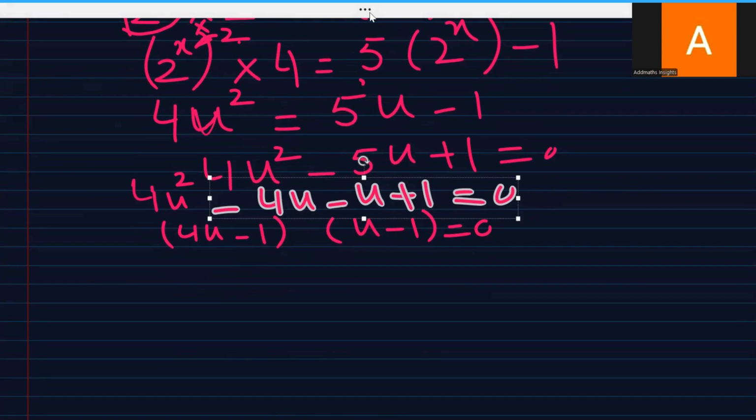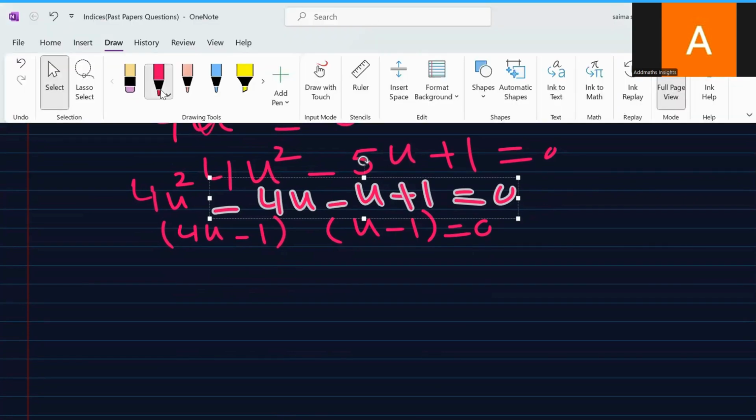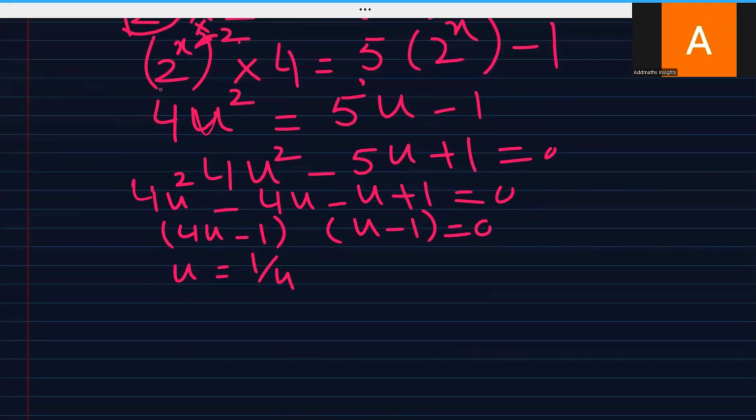So the value of u is 1 by 4, and u equals 1. But this is not your final answer. You have to find values of x. As you know, u equals 2 raised to the power x.